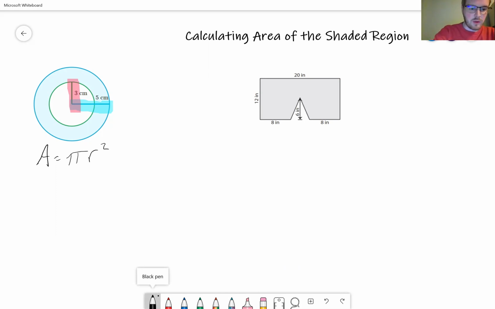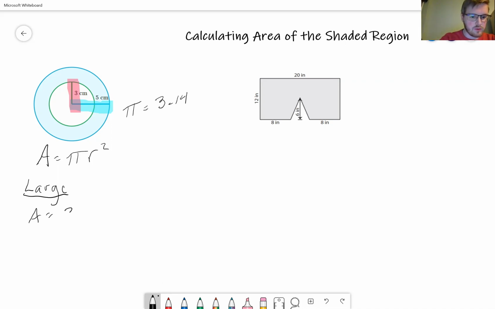What I'm going to do is break this up into both the large and the small circles. So let's start out with the large circle. We know that the radius is 5, 5 centimeters to be exact. And for this, let's use pi as 3.14 like what we've been doing in the past.